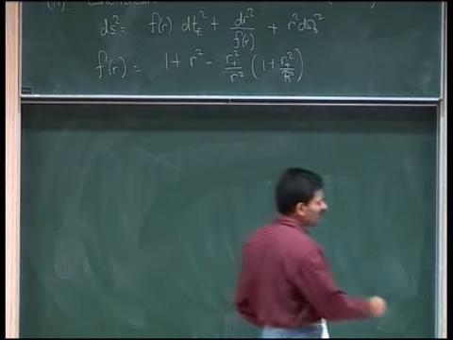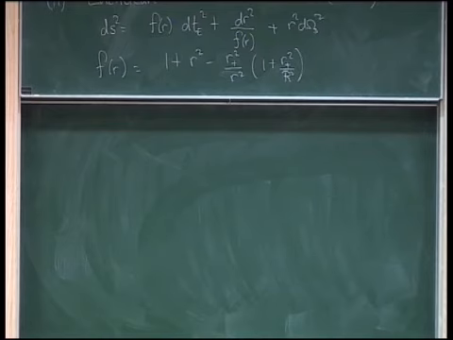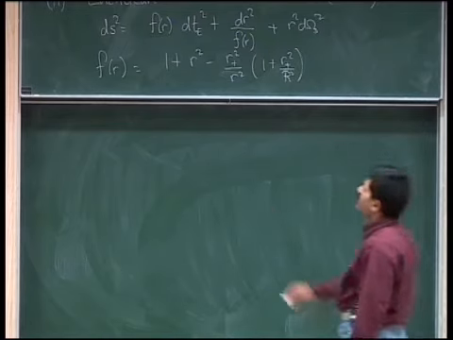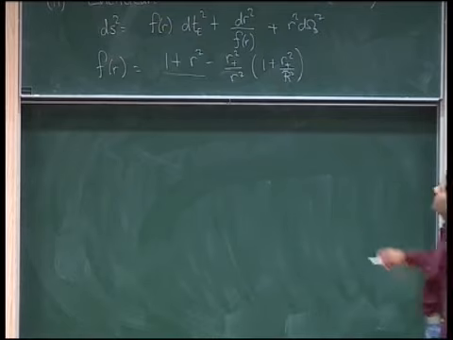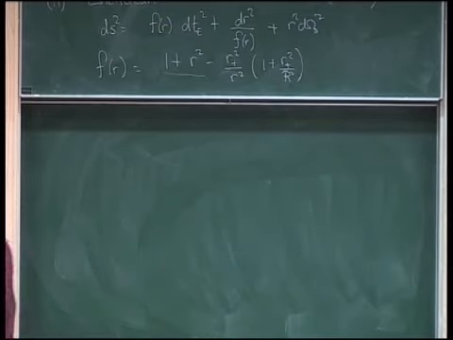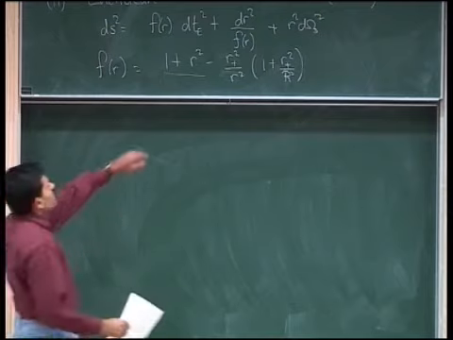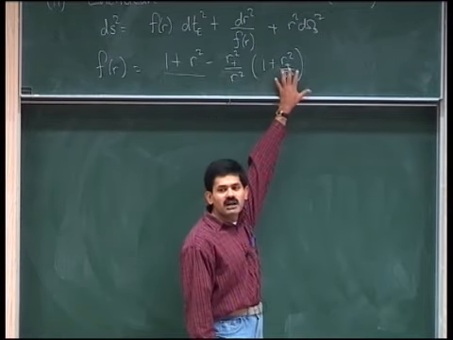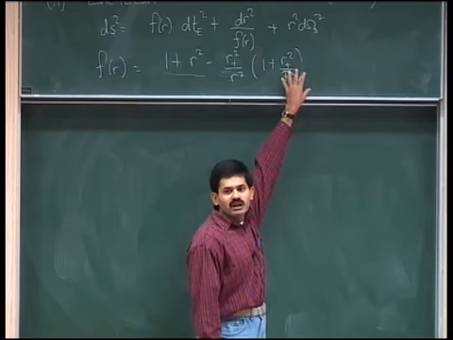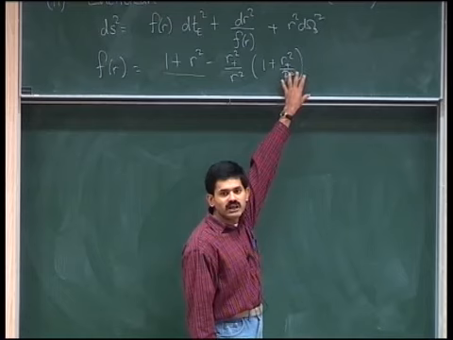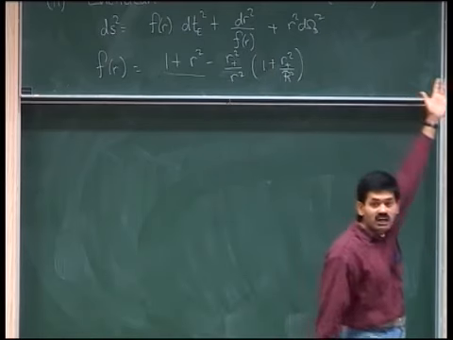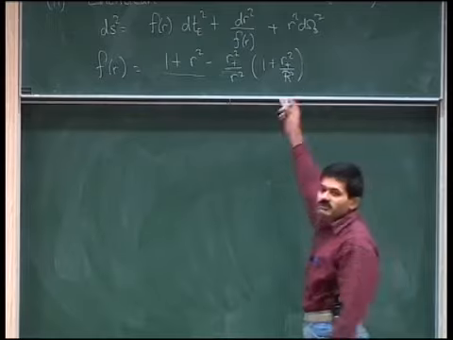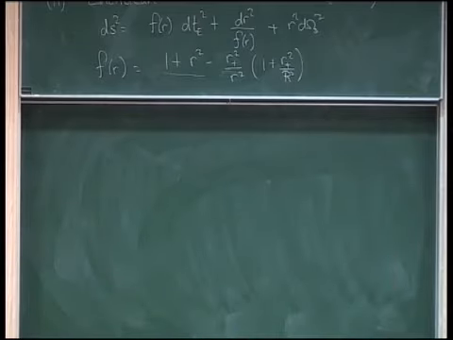Now, it's exactly what you would write for a Schwarzschild black hole in 5 dimensions, except that it's in AdS. So this 1 plus r squared refers to the fact that this is a black hole in AdS, and the 1 over r squared is the right falloff of Newtonian potentials in 5 dimensions. And I have just parameterized what usually you would write as the mass in terms of a parameter r plus, because it's much easier to talk of where the horizon of the black hole is located. The horizon of the black hole would be located, if it was a Lorentzian geometry, at r equals r plus, and the mass is determined by the size at r plus.